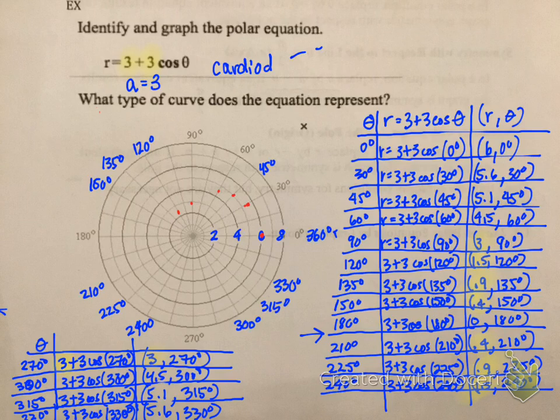I'm trying to get this exact. And at 150, it's 0.4. It's getting closer and closer. At 180, it finally sinks down to 0. So far on our graph, we have something that looks like this. Okay? So this is the graph so far.